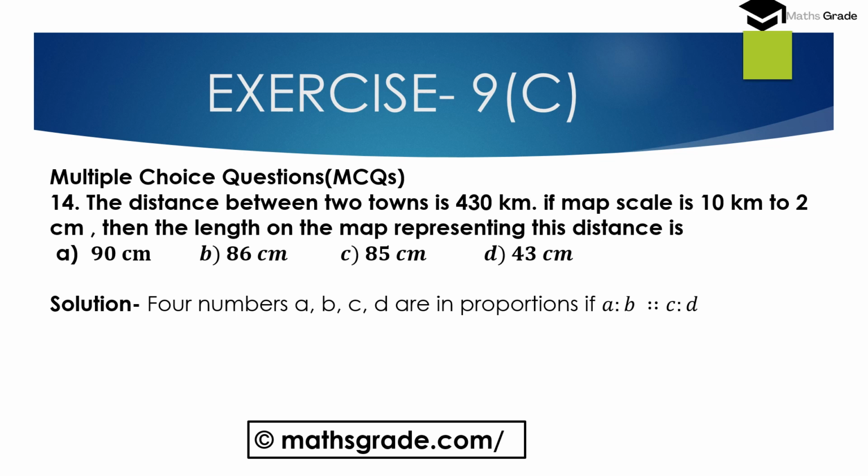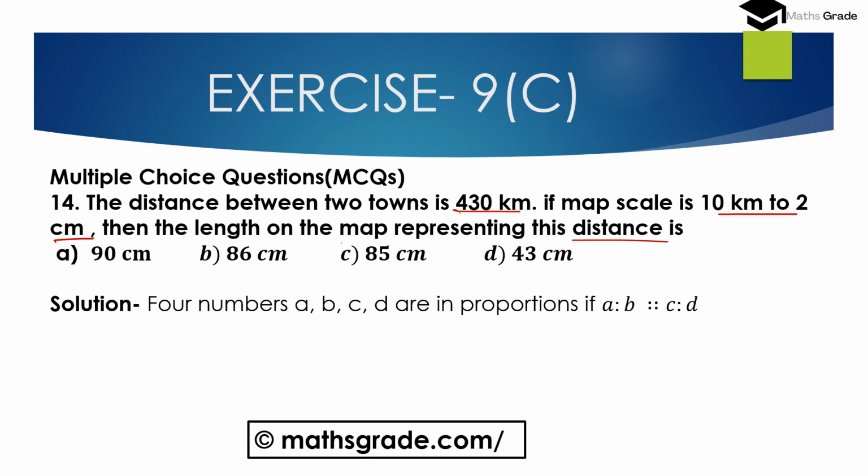Now question number 14, multiple choice questions. The distance between two towns is 430 km. If the map scale is 10 km to 2 centimeter, then the length on the map representing this distance is, options are 90 centimeter, 86 centimeter, 85 centimeter or 43 centimeter. Which option is correct? The distance between two towns is 430 km, given. We have to find the length on the map.